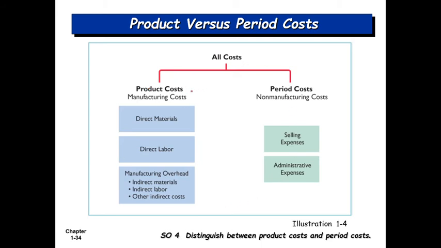So this is the summary. Product cost is manufacturing. When we talk about manufacturing, it is anything that happens in your factory.